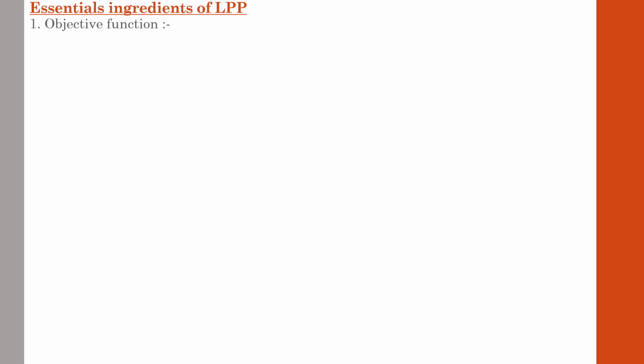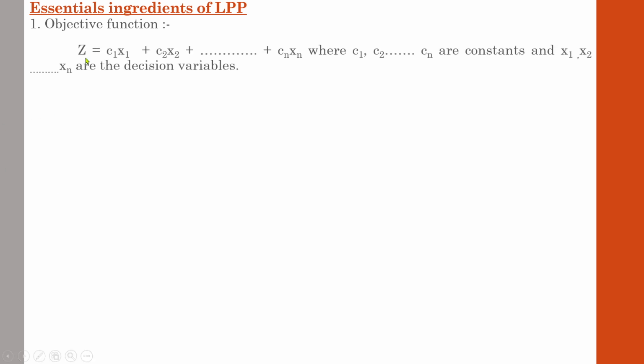And the objective, as I have mentioned earlier, may be to maximize profit or minimize cost, whatever it may be, and it is represented like this: Z equal to C1 x1 plus C2 x2. And it will go on like that because it depends upon the number of constraints that we are dealing with.